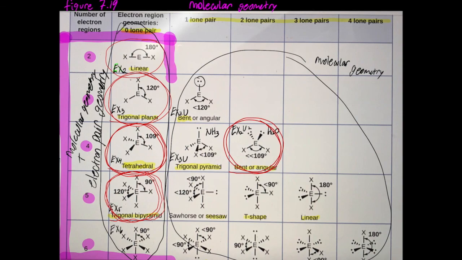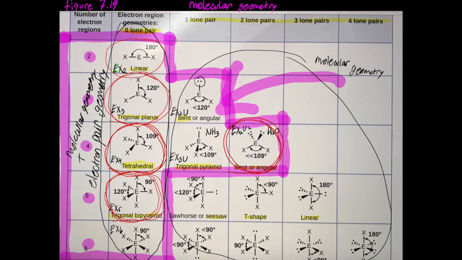And you should memorize bent molecules, trigonal bipyramid, and bent molecules. Okay, so within the purple mark, learn these.